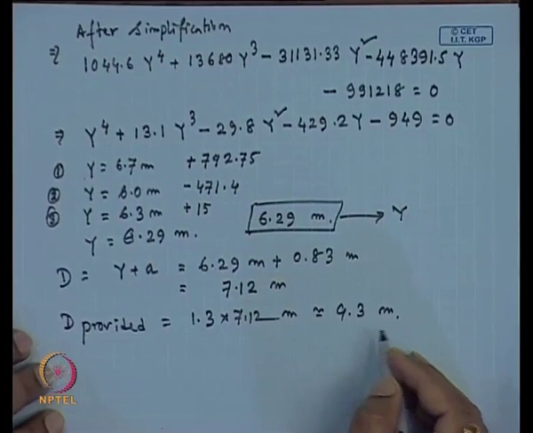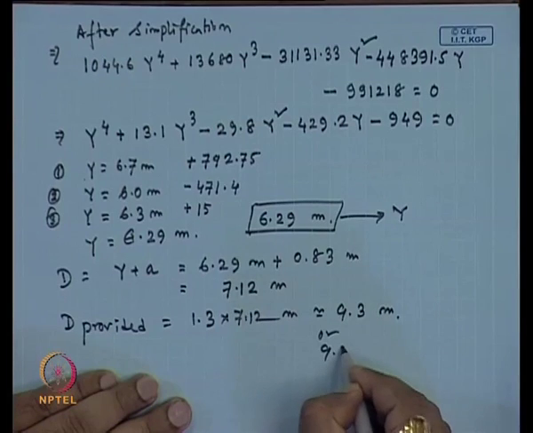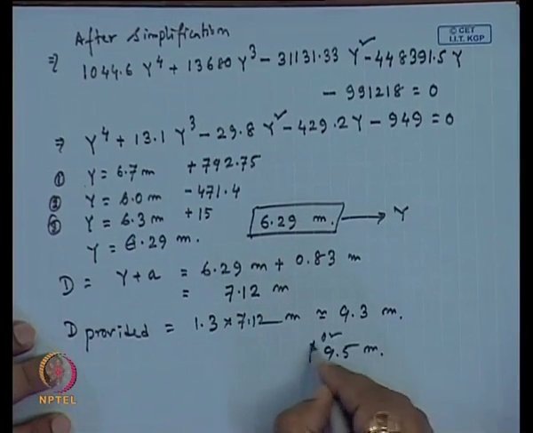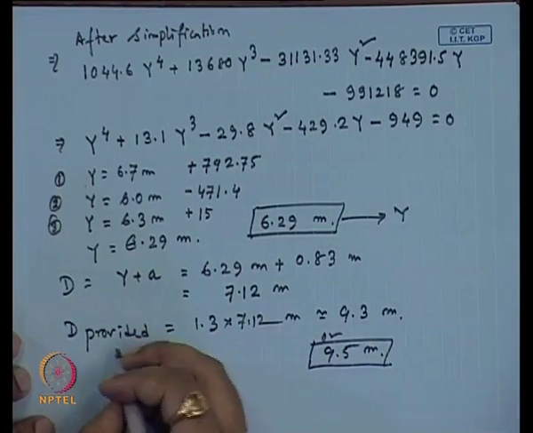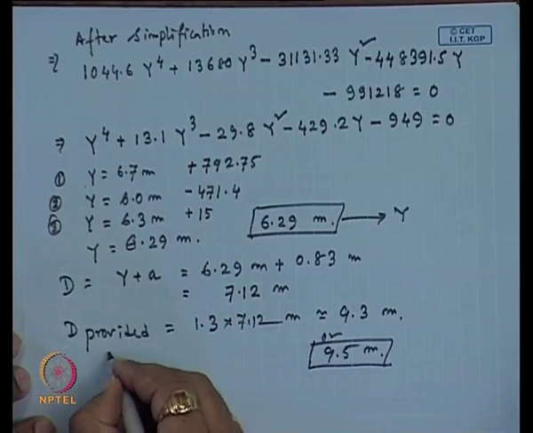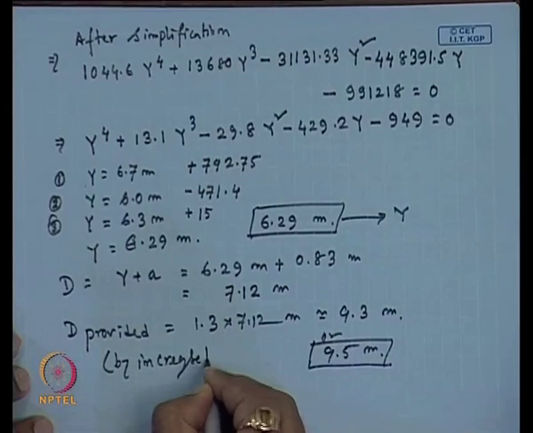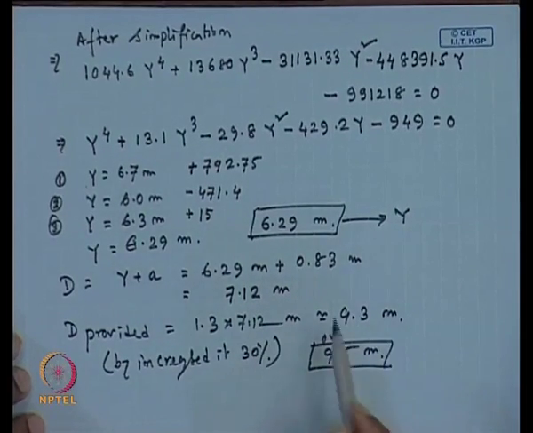So, we can provide d close to 9.5 meter. So, from the calculation we are getting 7.12 meter and we are providing 9.5 meter.